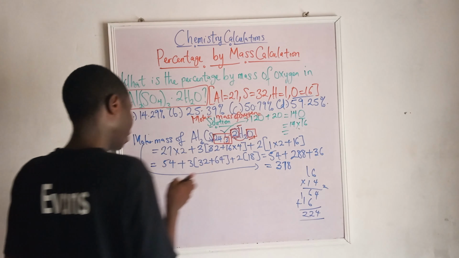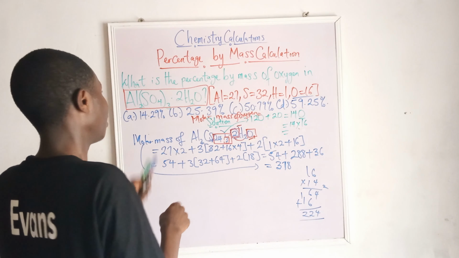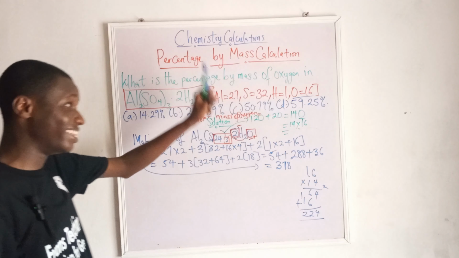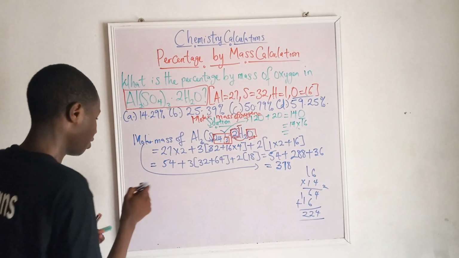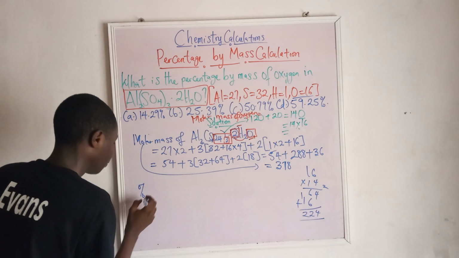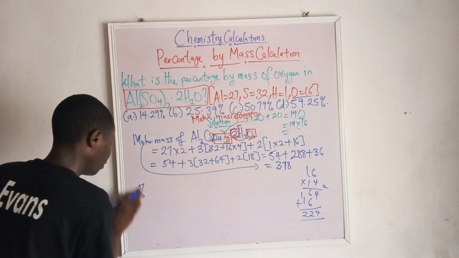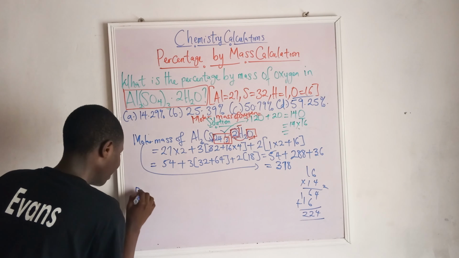The next thing we want to now get is the percentage by mass, which is the main thing we want to do. You're now going to say the percentage. Let me write it in full.